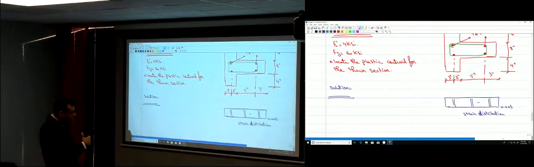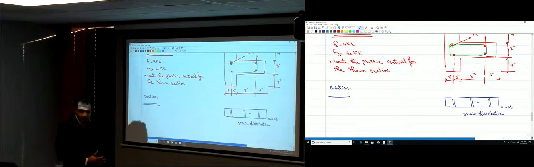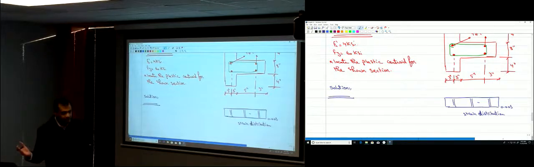Because the strain here is the failure strain, so the stress is going to be the maximum stress in the concrete, 0.85 f'c. In the steel, how much is the stress? fy, right? Because the strain is 0.003, which is larger than epsilon yield. Epsilon yield is 0.00207, so the steel here yields.